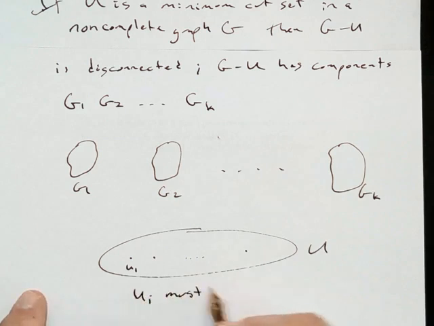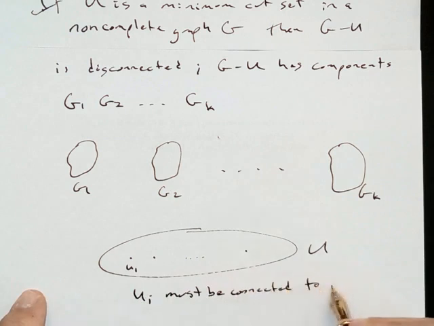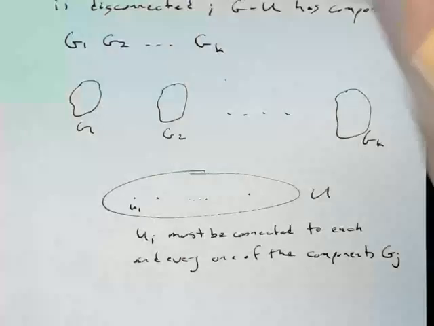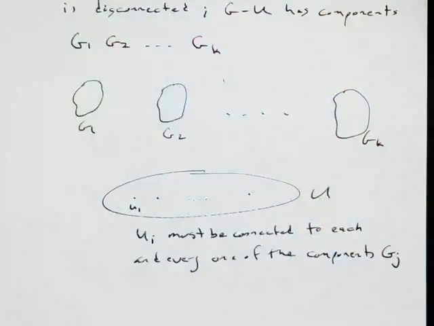It has to be connected to every one of G sub J, J goes 1 to K. Otherwise, I'd have a smaller vertex cut.